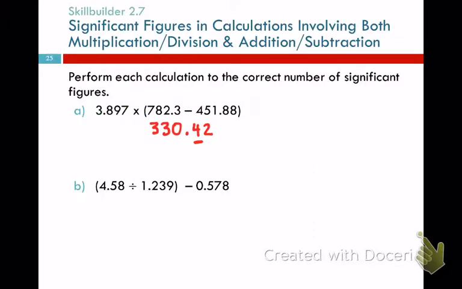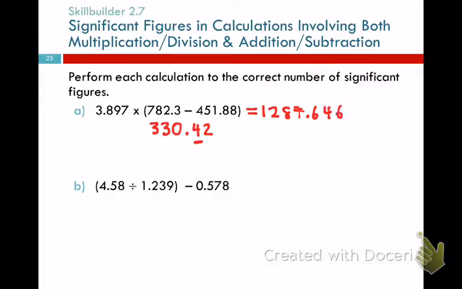Now this number has 4 sig figs in it. So I'm going to multiply it times 3.897. And I'm going to get a number where I can barely see the decimal point. It's a big number, huh? 1287.64674.